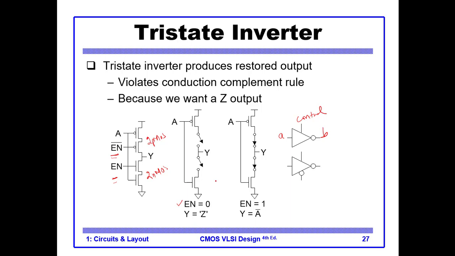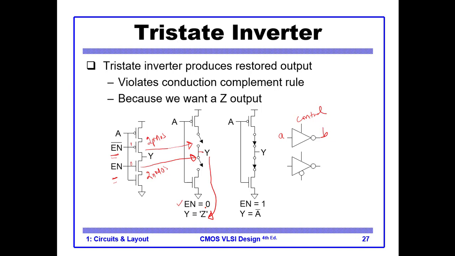So when this is 0, the gate of PMOS will be 1. So for example, if you apply 1 here and 0 here, the result will be that this will be off and this will be off. In that case, what will be the output? The output will be Z, high impedance.